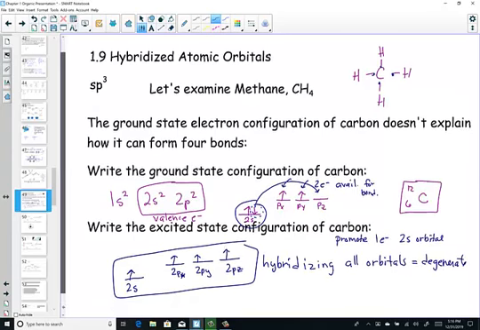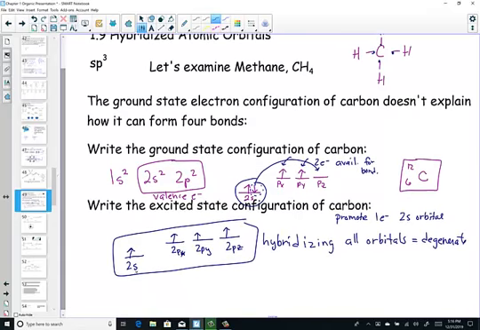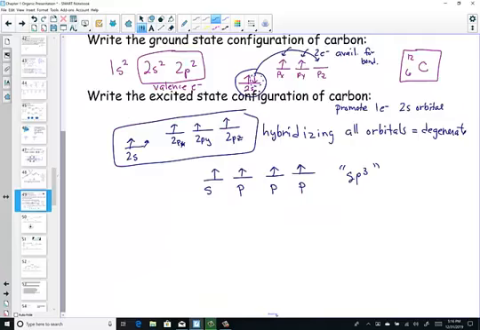So instead of having a lower energy of s and higher energy of p, I now have 4 equal energies of an sp3 atomic orbital. An sp3 is a hybridized orbital that was obtained by promoting the s electron into the empty p sub z.